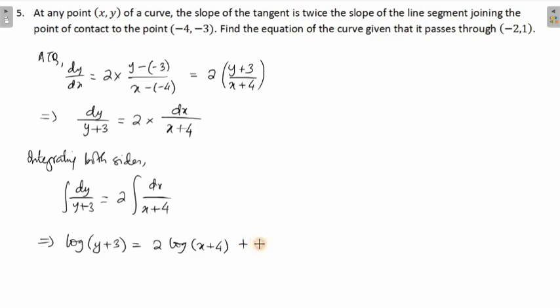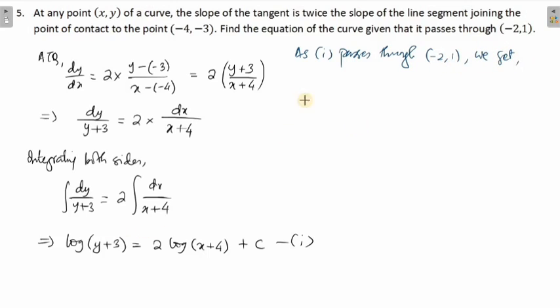Now put the constant of integration and call this equation number 1. Now it is given that this curve passes through (-2, 1).